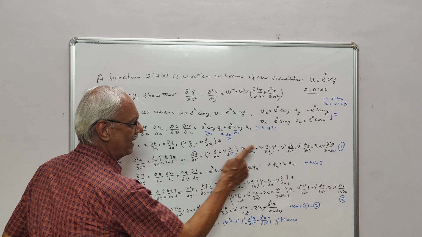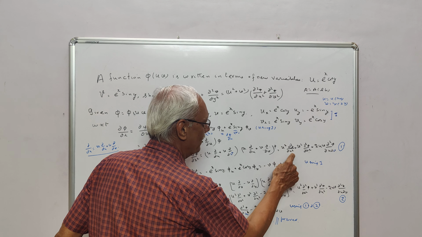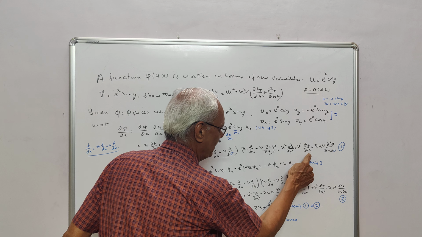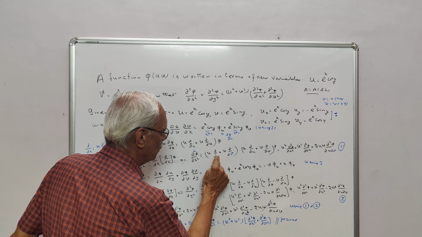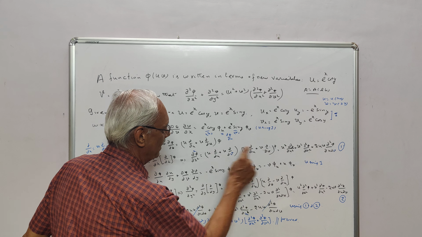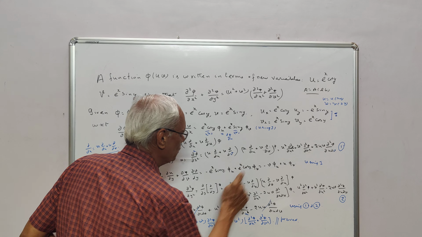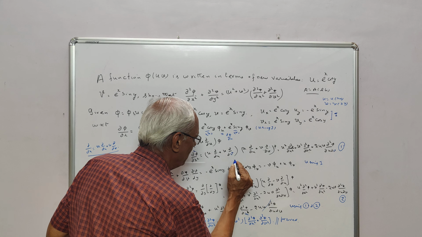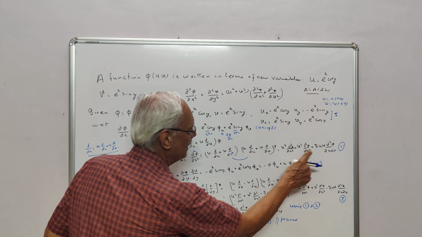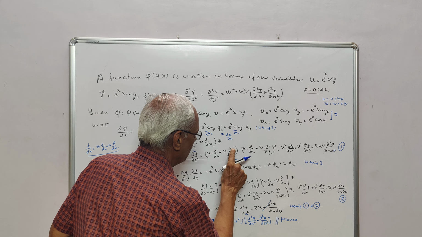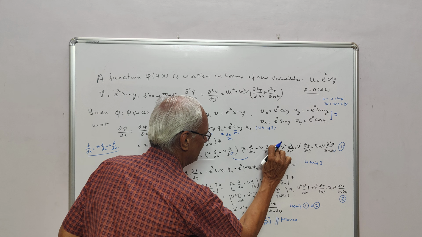So I can very well write this as u² ∂²phi/∂u² plus v² ∂²phi/∂v² plus 2uv, that is, ∂²/∂u∂v. If you multiply these two, you will get this, u into v into ∂²/∂u∂v of phi.